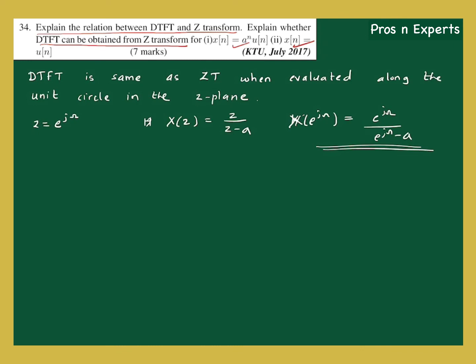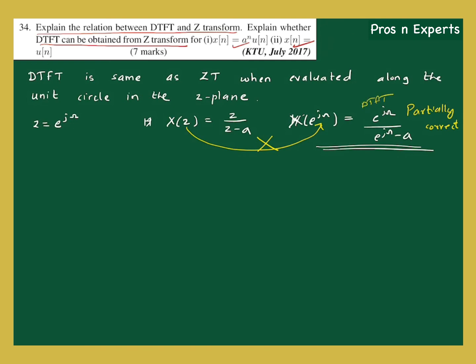I've seen many textbooks mentioning it like this, but according to me, this is only partially right. This is only partially correct, because for all Z transforms, you cannot put z equal to e raised to j omega and obtain the DTFT.